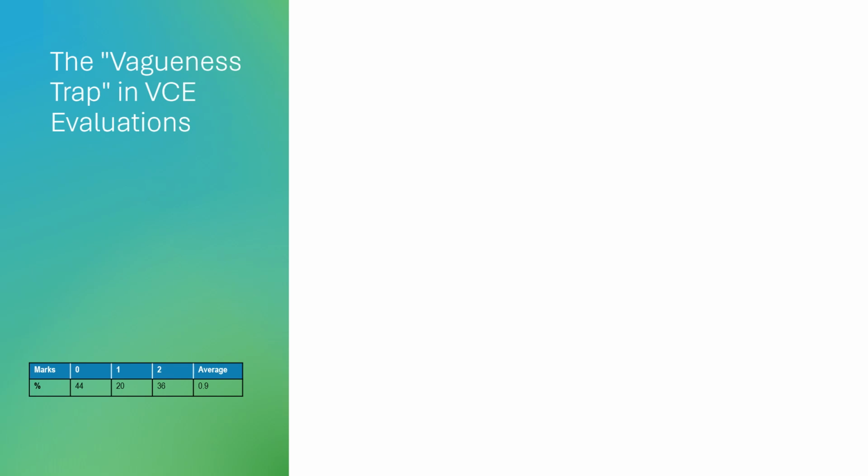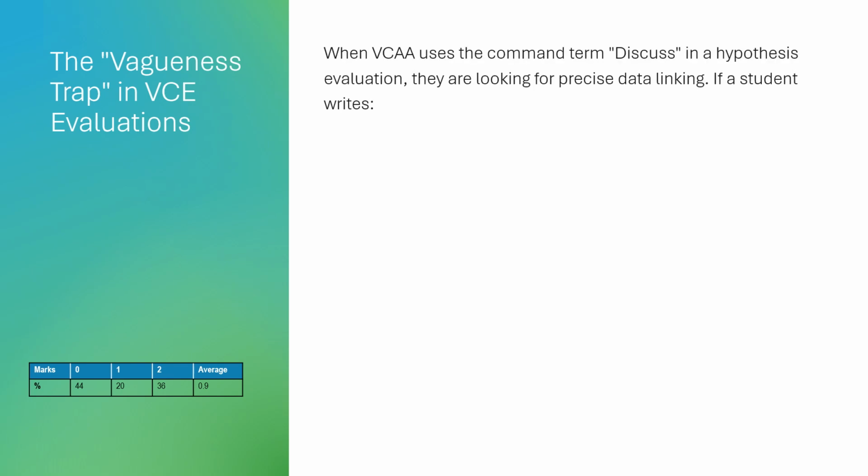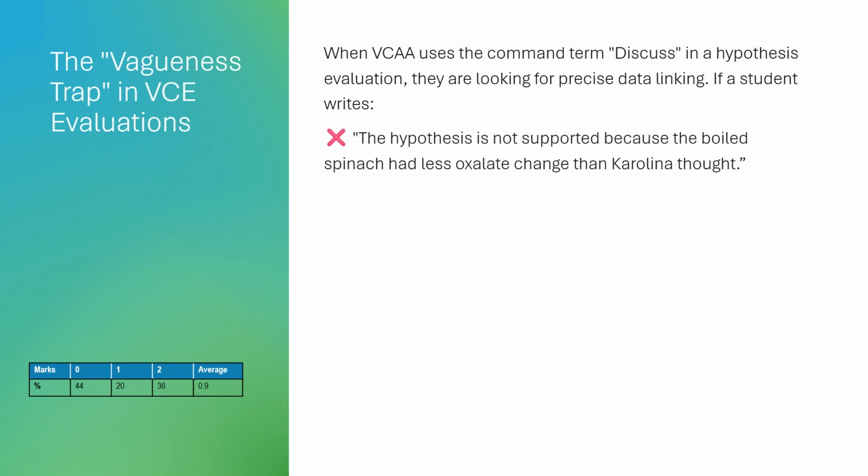When VCAA uses the command term discuss in a hypothesis evaluation, they are looking for precise data linking. If a student writes, cross mark, the hypothesis is not supported because the boiled spinach had less oxalate change than Karolina thought. Cross mark, the hypothesis is wrong because 60% is lower than the hypothesis.